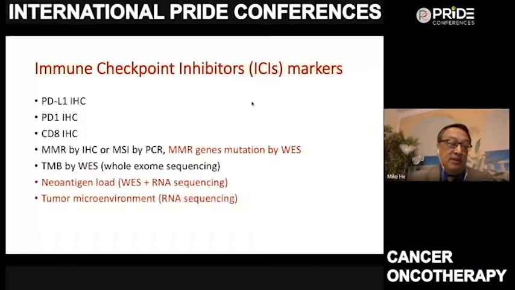The tumor mutation burden can also be measured by whole exome sequencing. For neoantigen load, we need to combine whole exome sequencing and RNA sequencing. And for the tumor microenvironment, RNA sequencing can provide some inflammatory signature. Next slide, please.